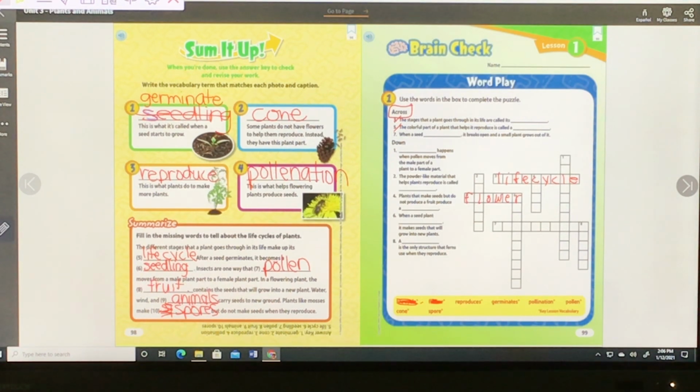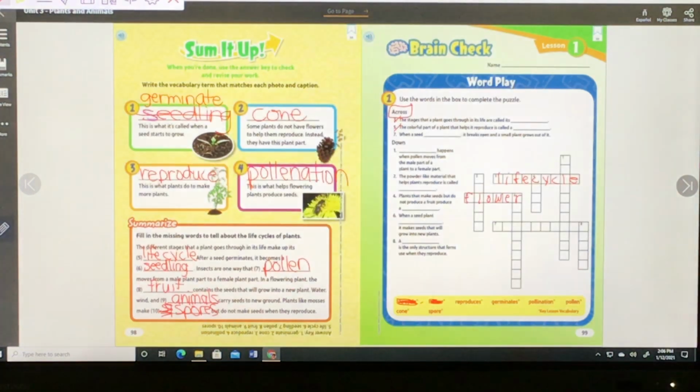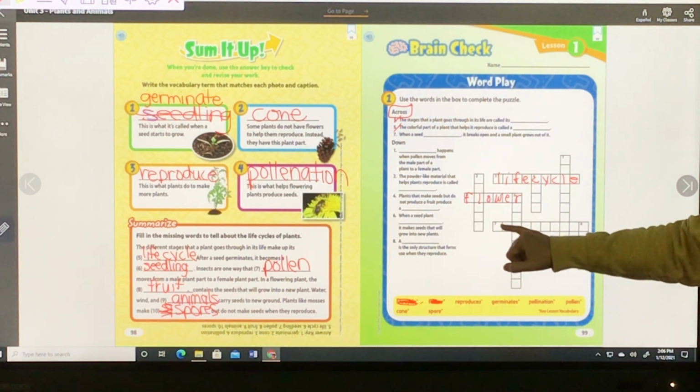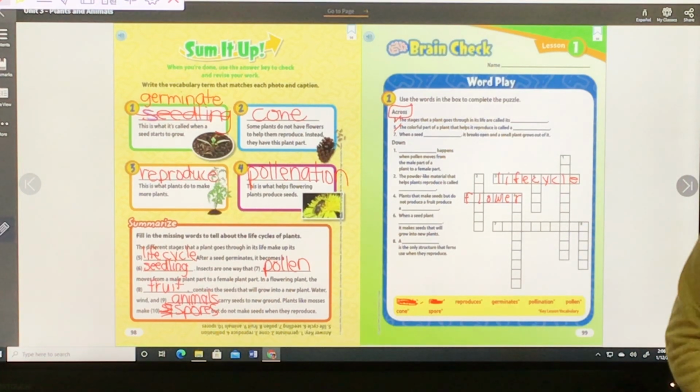Germinate. What were you thinking? Reproduces. Germinates. Now they both fit, don't they?